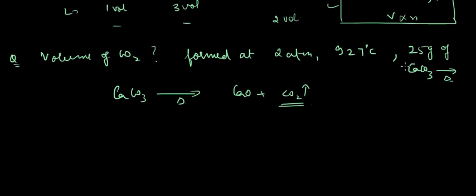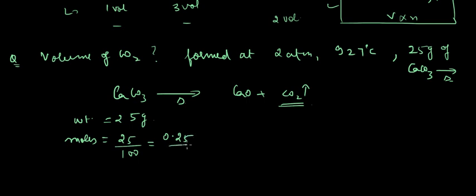Okay, so the weight of CaCO3 used was 25 grams. The moles of CaCO3 would be 25 divided by the molar mass of CaCO3, which is 100. So a total of 0.25 moles of CaCO3 were consumed.